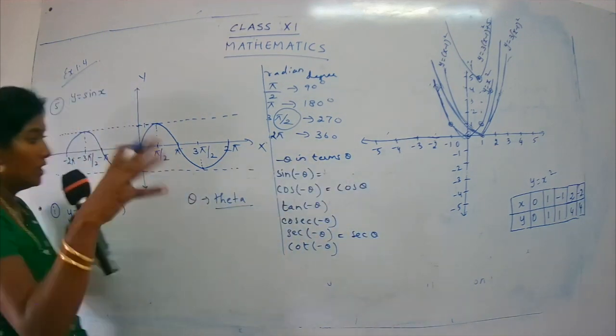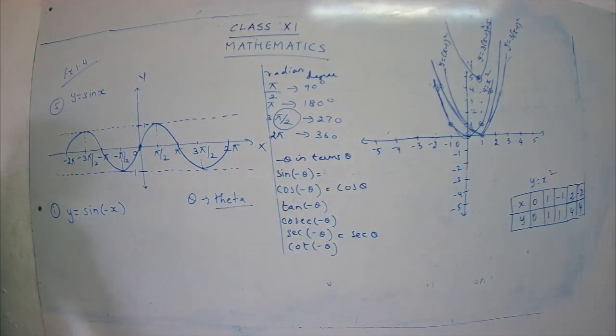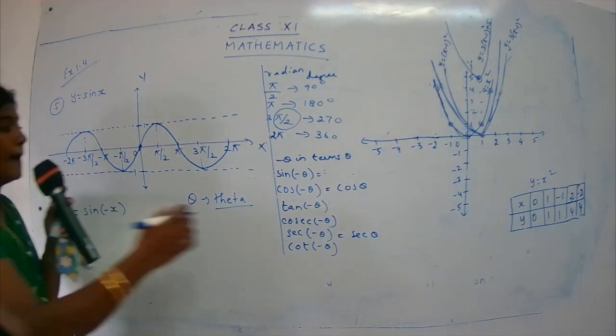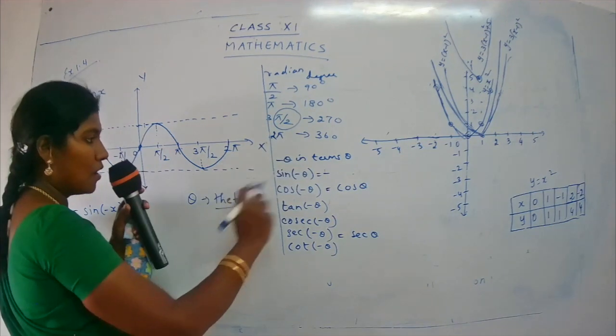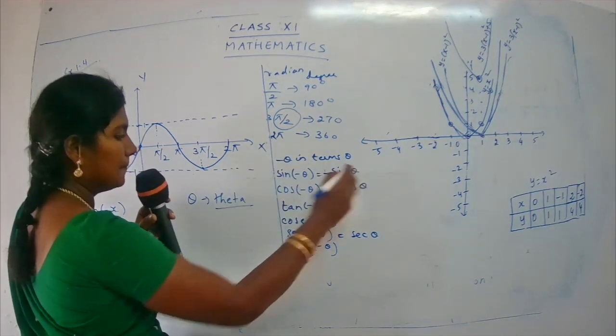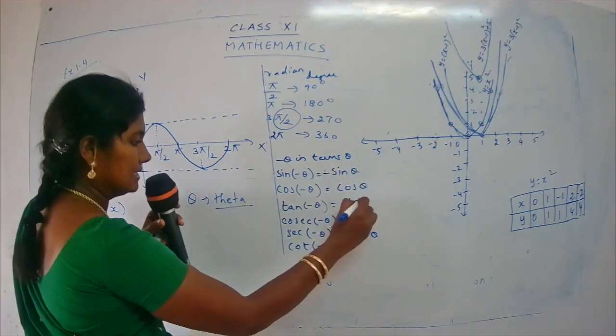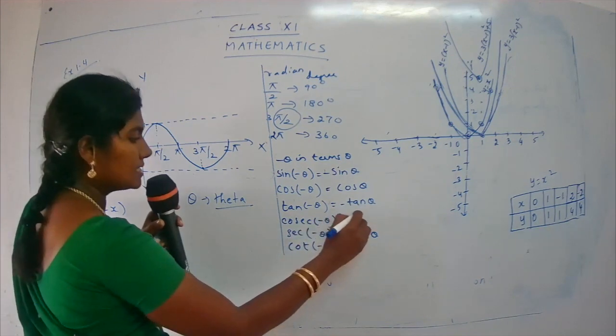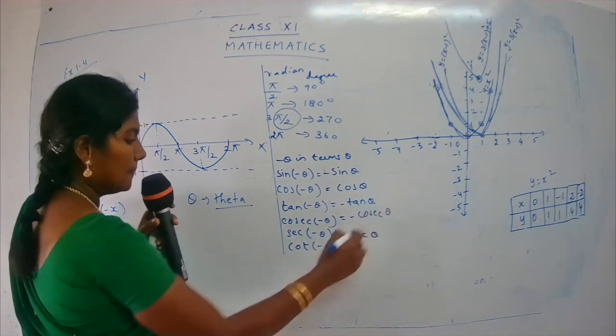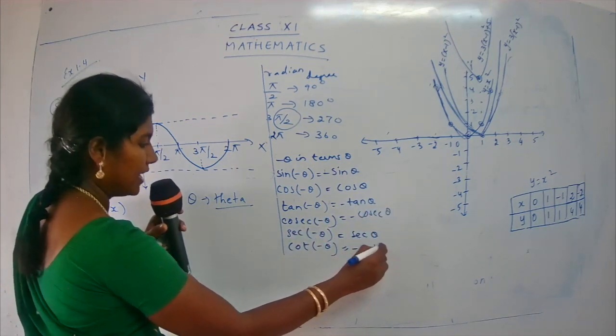So these 2, I'll just rub this part also so that you are clear with the ideas. So remember children, for cos of minus theta, what is the answer? Cos theta. And for sec of minus theta, the answer is sec theta. And for all the remaining functions, you have to write minus. The minus comes out. So minus sine theta, minus tan theta, minus cosec theta, minus cot theta.